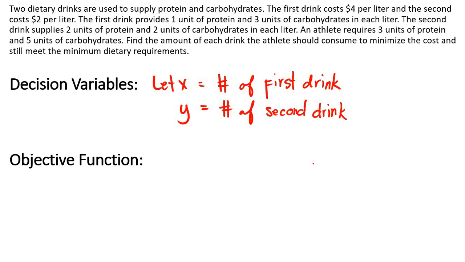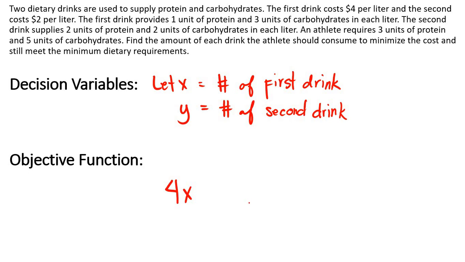Next one is we identify the objective function. The first drink costs $4 per liter, so that would be $4 times X, since we have already declared it as our decision variable.